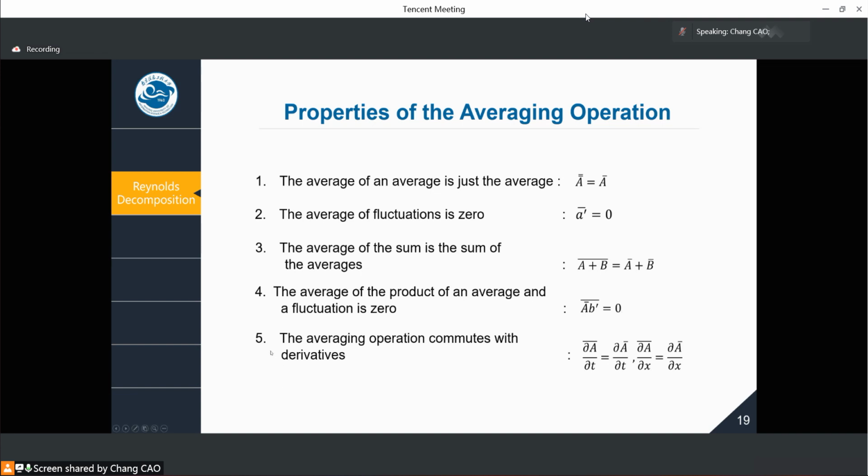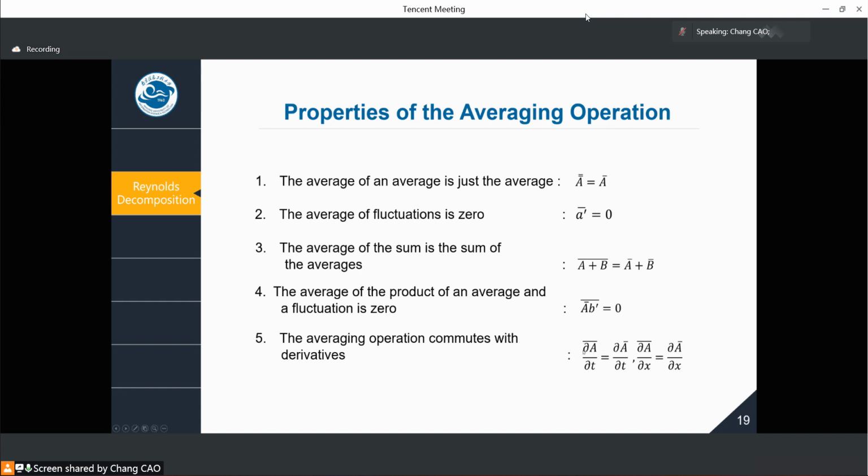And the last one, which is also important, the averaging operation commutes with derivatives, like this. Okay? The averaging operator commutes with both temporal and spatial derivatives. It means the average of a derivative is the derivative of the average. Can you find them?